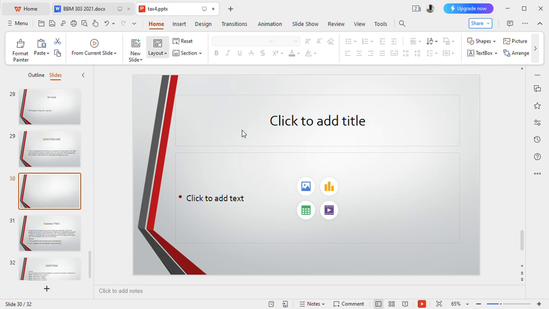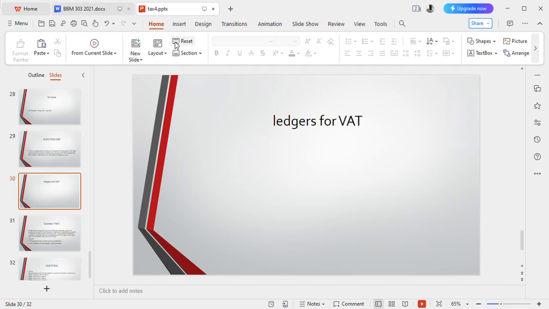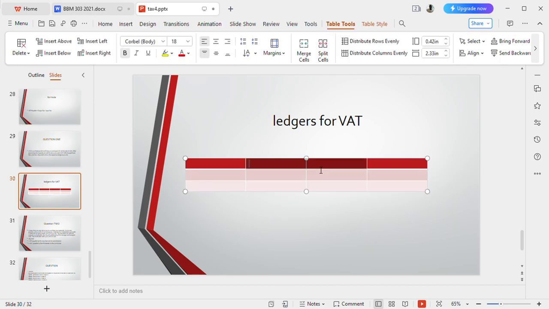So the best layout is this. So these are ledgers for VAT. So we have the first ledger. Let me insert the table. So let me call this purchase account.